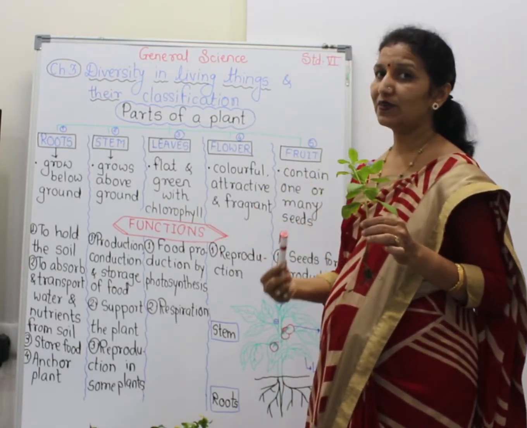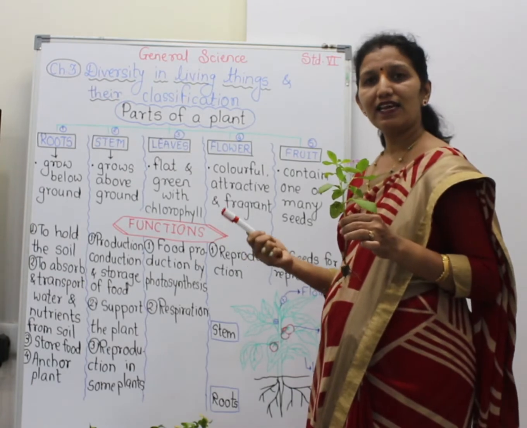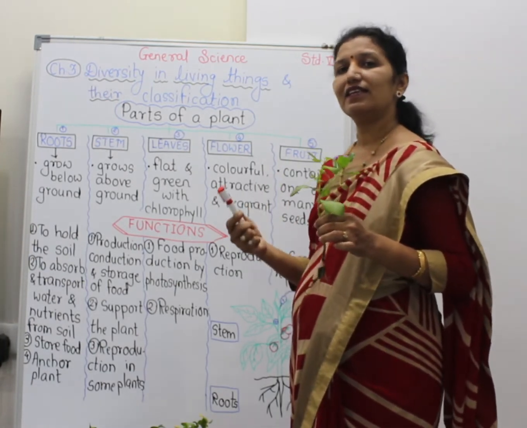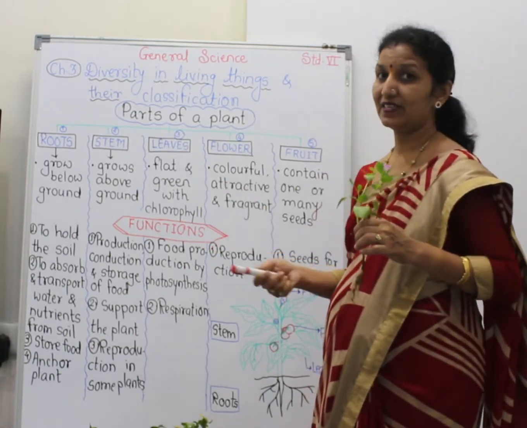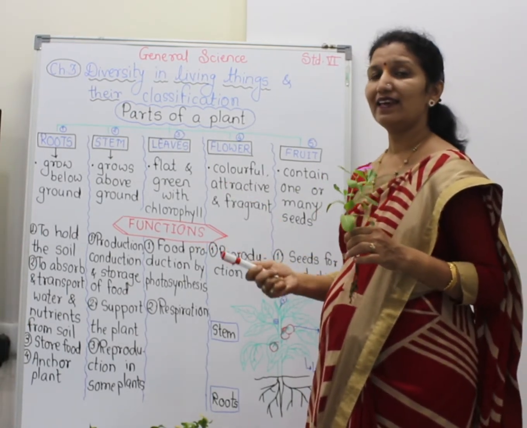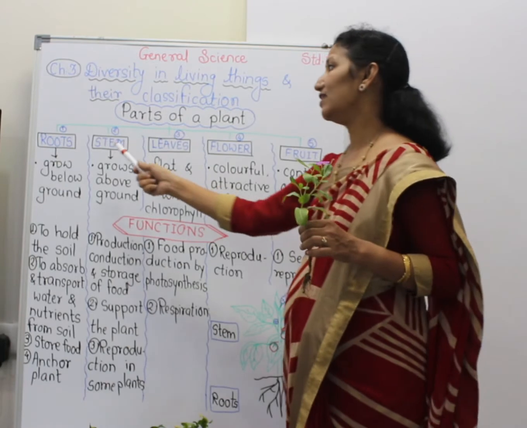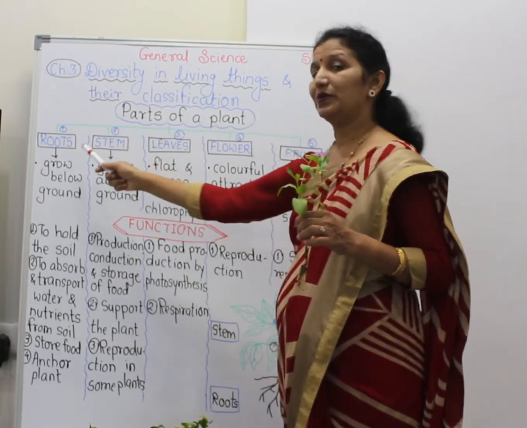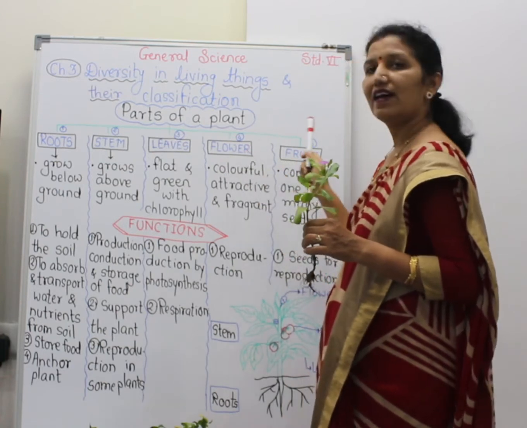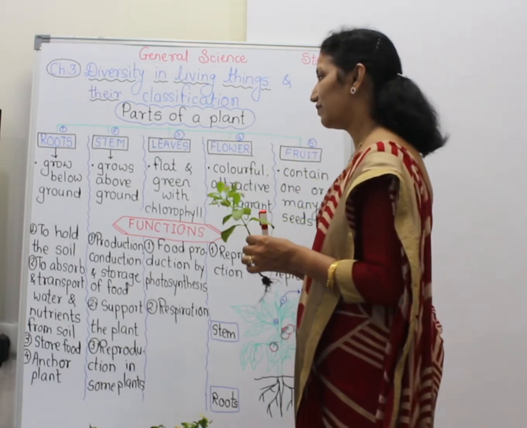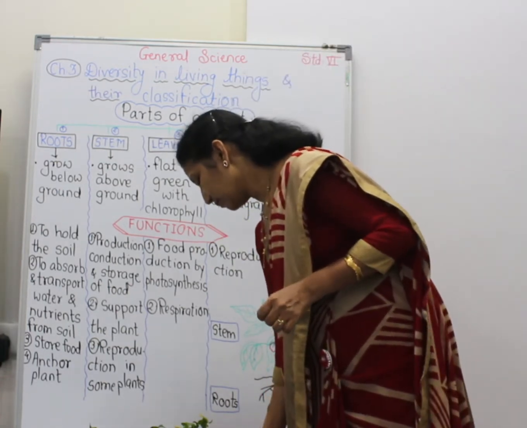And this fruit contains seeds. And these seeds give rise to a new plant after germination of seed. In this way, these are the parts of a plant: roots, stem, leaves, flower and fruit. Now we will see one by one.